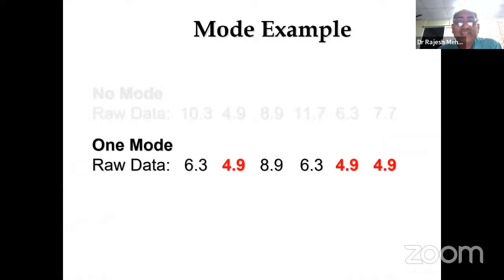Here, the most frequently occurring value is 4.9, so that is the mode. And sometimes we say bimodal distribution. It is occurring in children as well as in old age, so we call it a bimodal distribution. Unimodal means only one mode.